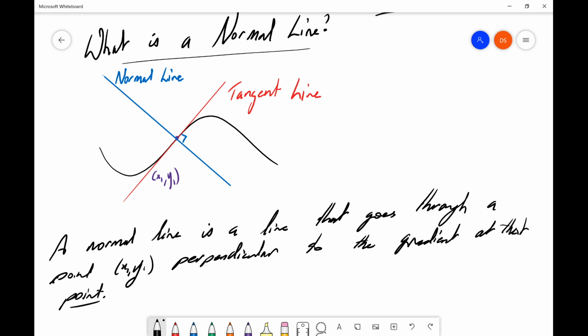Meaning it has to be 90 degrees. And we know what perpendicular means. Right? And so you're like, okay, that's cool.